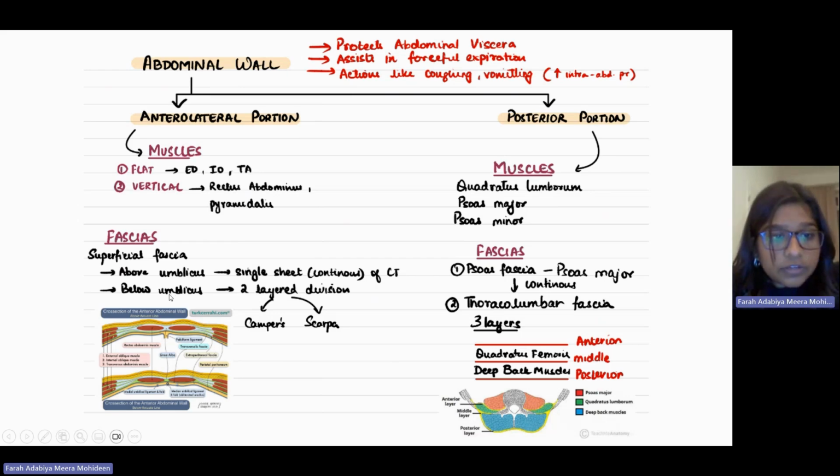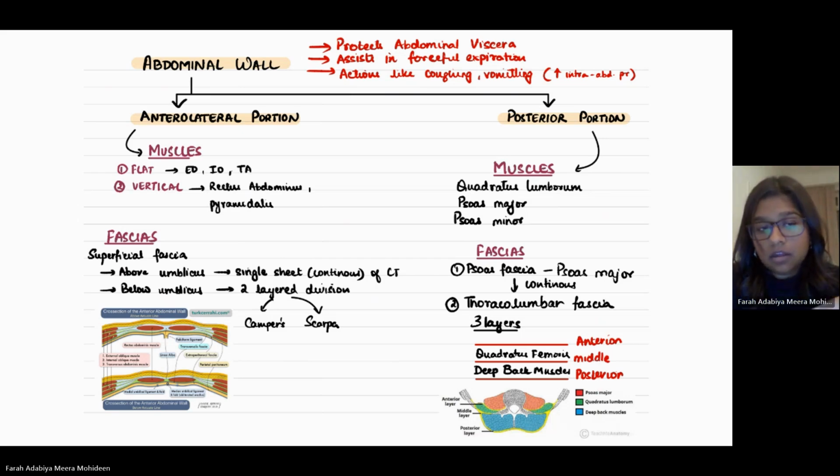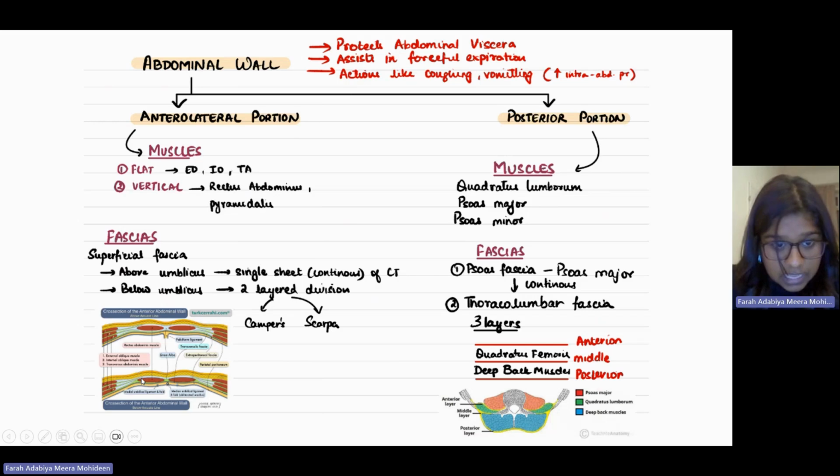Now over here, you can see a picture of the rectus sheath, which is formed by the aponeuroses of all the flat muscles. Above the arcuate line and below the arcuate line, the rectus sheath differs, right? You will see it in the aponeuroses.